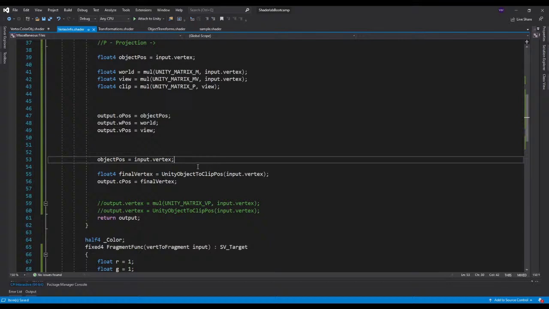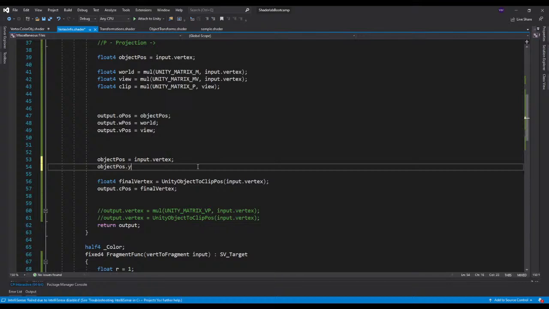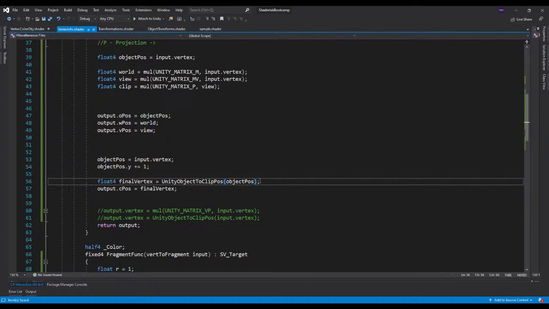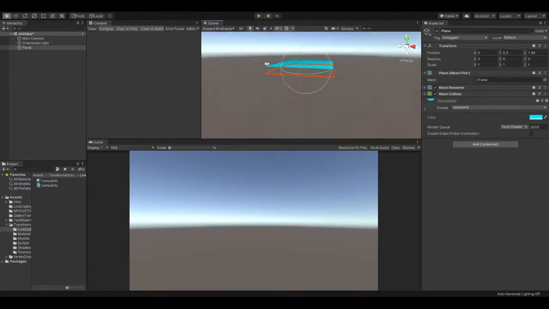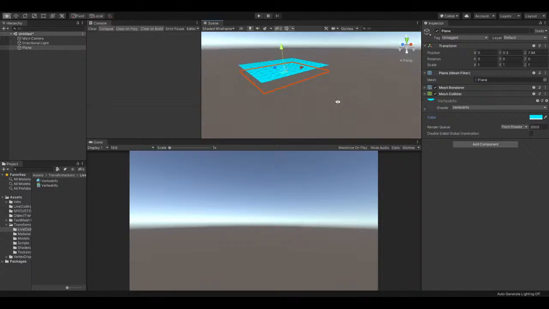Before going to sine wave, let's say I'm going to move this by 1 unit in the y-axis. After I move it in the y-axis, I have to provide this modified data. It's simple, right? You're creating a variable and you're providing it. Now you see here, your object has been modified and it has been moved by 1 unit.